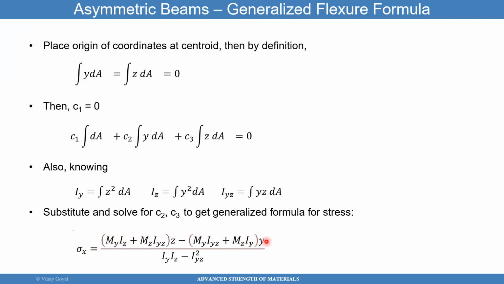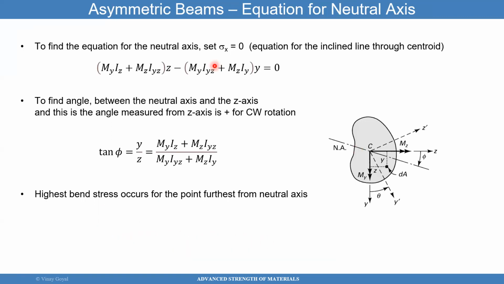So we can set the numerator to 0, which is what I did here. Then I rewrote this in this manner, so I get y over z equals this. Now, y over z is really the tangent of phi, this phi right here. That tells you how the neutral axis is oriented relative to the y and z axes, measured clockwise with respect to this coordinate system.